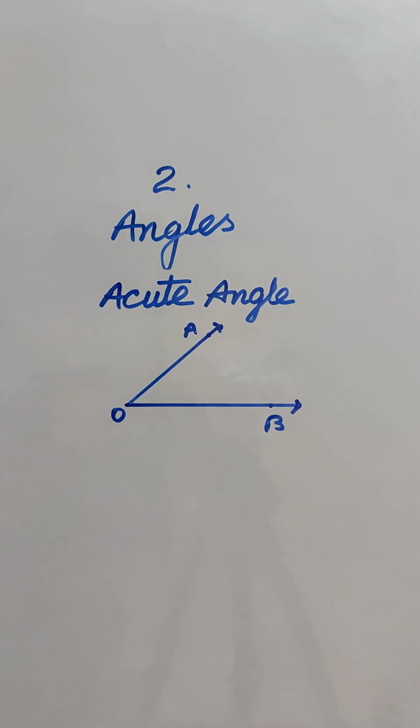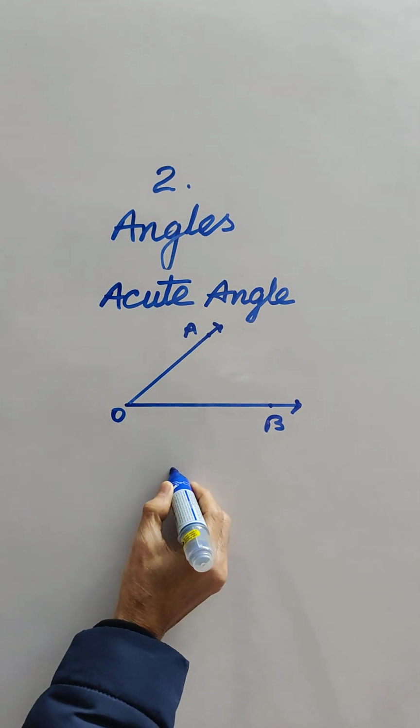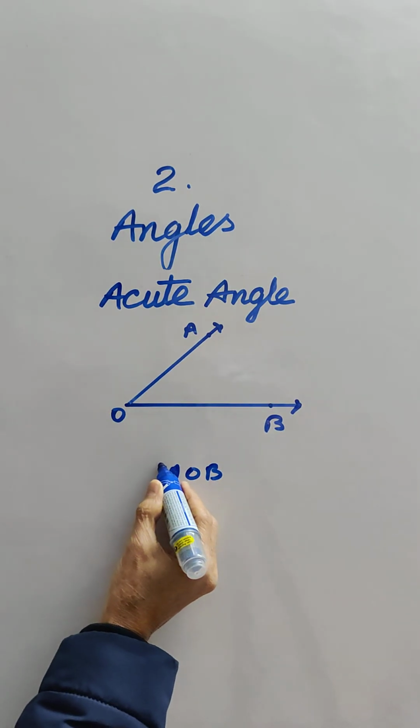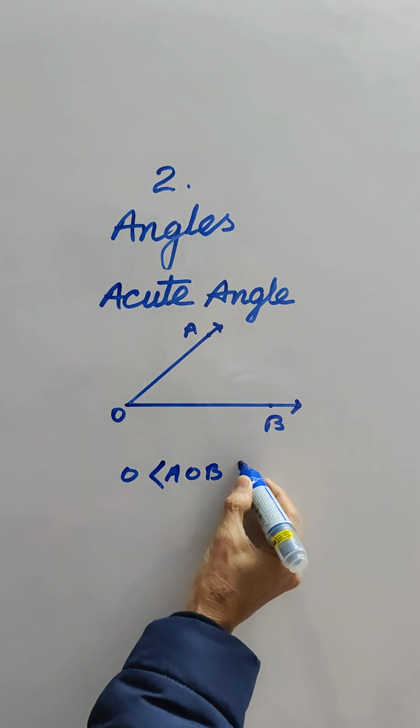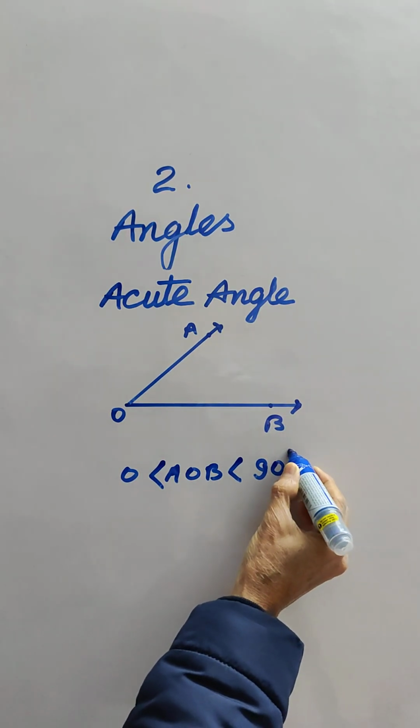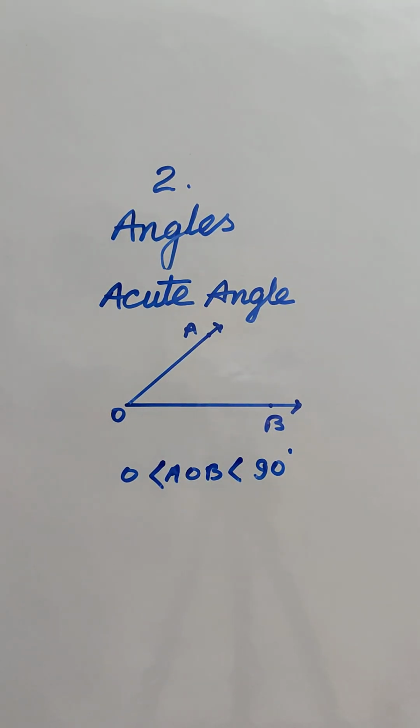Second is an acute angle. An angle whose measure is more than 0 degree and less than 90 degree is called an acute angle. It means that when the value of angle AOB is greater than 0 degree and smaller than 90 degree, it will be called an acute angle.